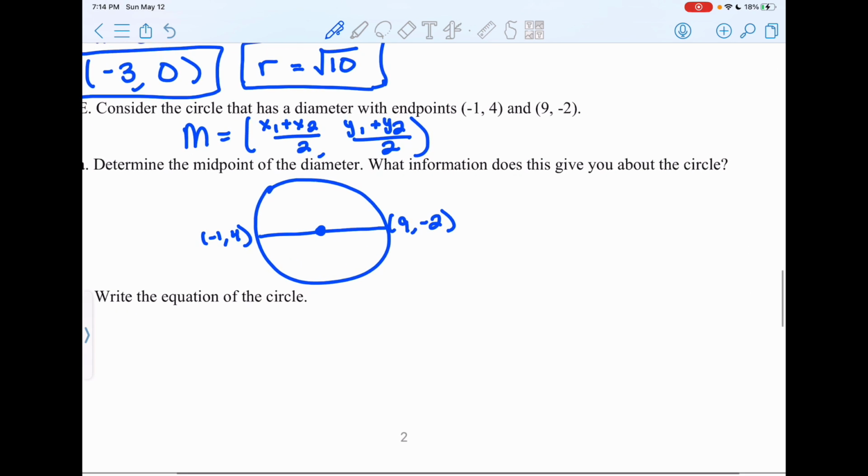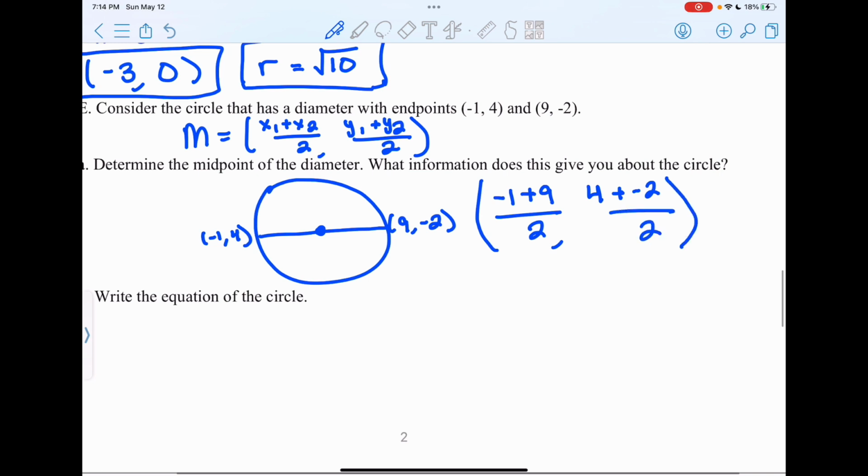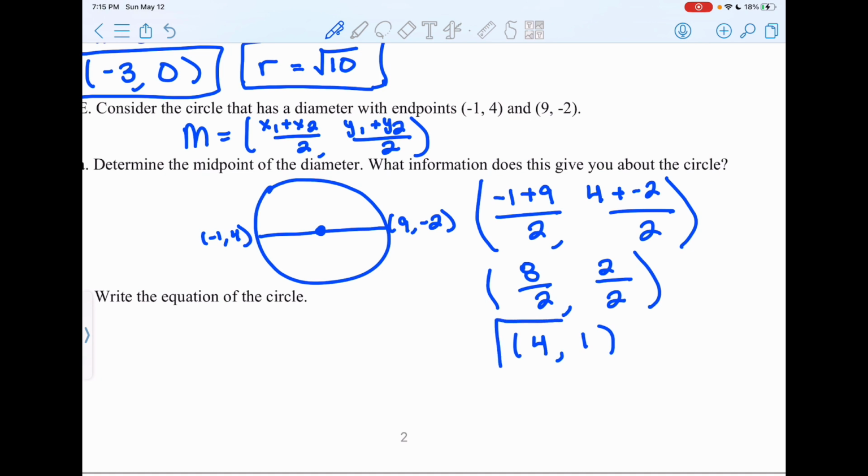So I am going to add negative 1 and 9 and divide by 2, and then add 4 and negative 2 and divide by 2. Negative 1 plus 9 is 8, and 4 plus negative 2 is 2. 8 divided by 2 is 4, and 2 divided by 2 is 1. And so the midpoint is 4, 1.